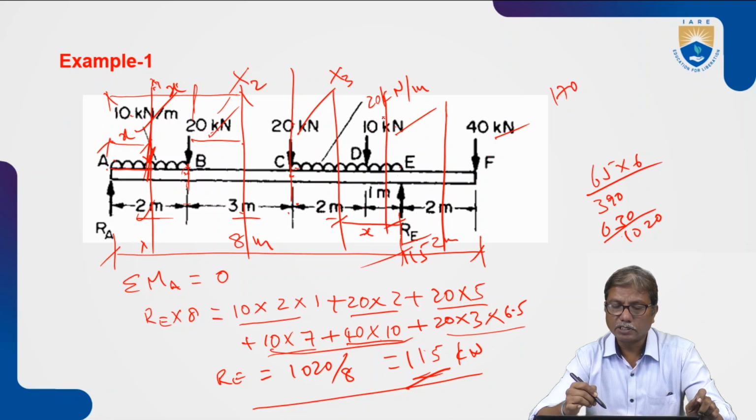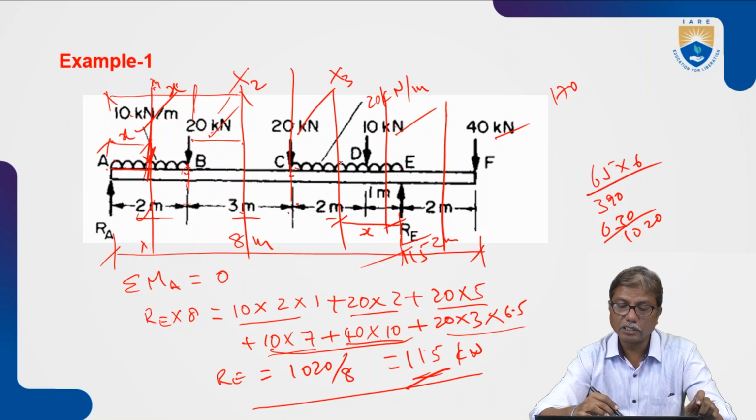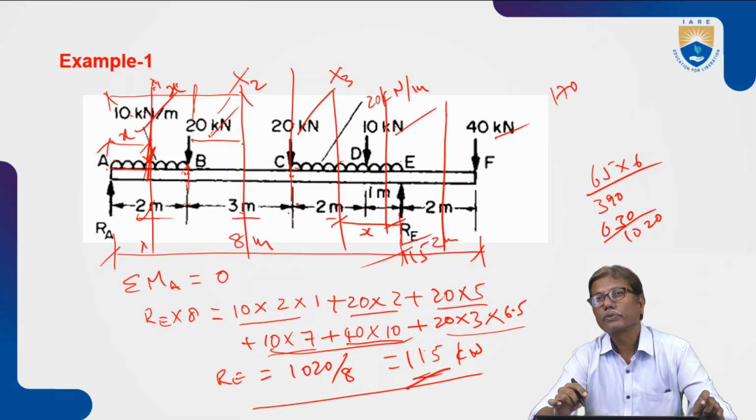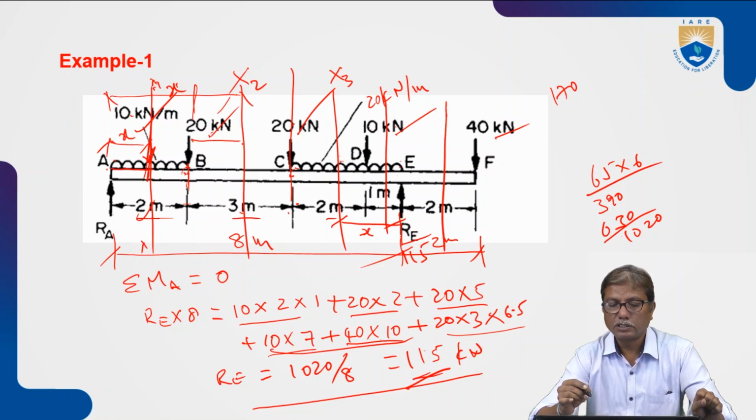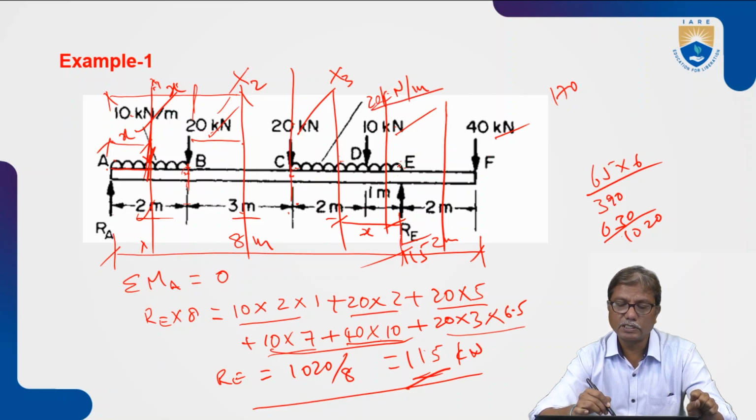So 40 plus 10, 50 positive, minus 115. This is about the point loads, including the reaction. And how about the UDL? It is downwards and on the right side, so it is positive. Its magnitude is 20 into x. The total UDL over length x is 20 into x.